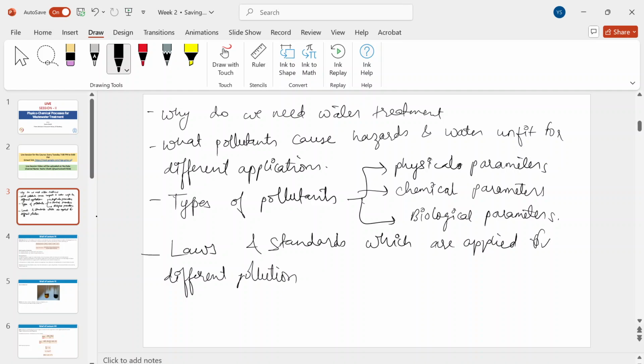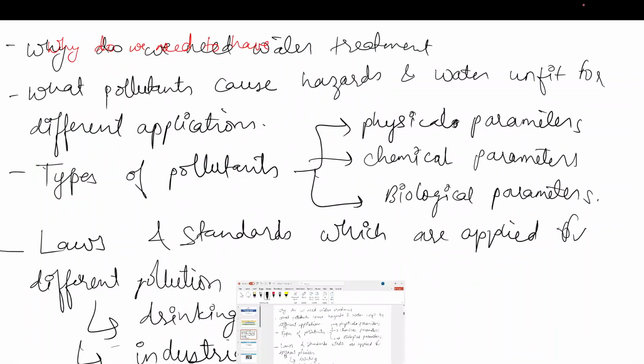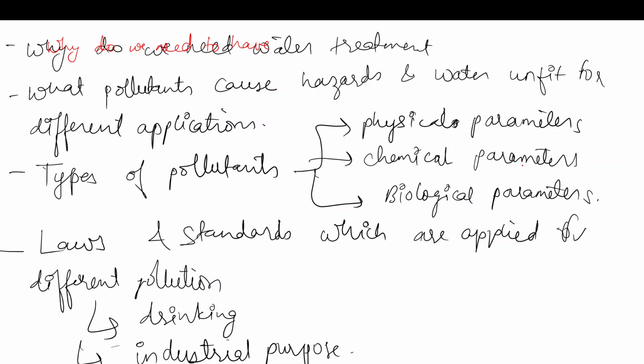For drinking water, you will have some different standards. If you want to apply that water for industrial use, then the permissible parameters in the water will be different. So depending on the application, these standards are also different. Till this point we had covered in the last class.